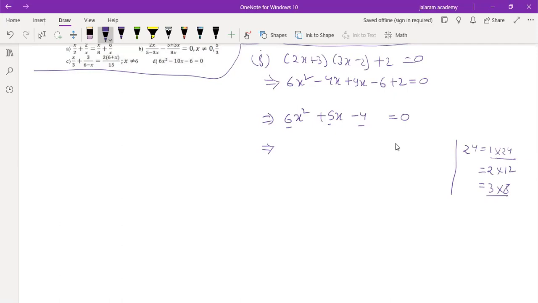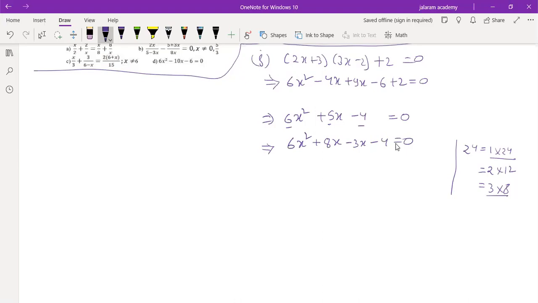So what will be the next line? It implies that 6x square plus 8x minus 3x. When there is plus, if we won't write the bracket, then also it is okay.